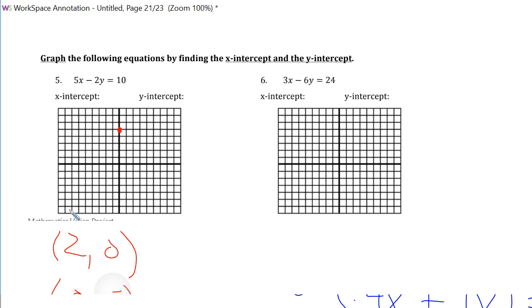Should be negative 5. So, 2, 0, 0, negative 5. There you go. Got it?